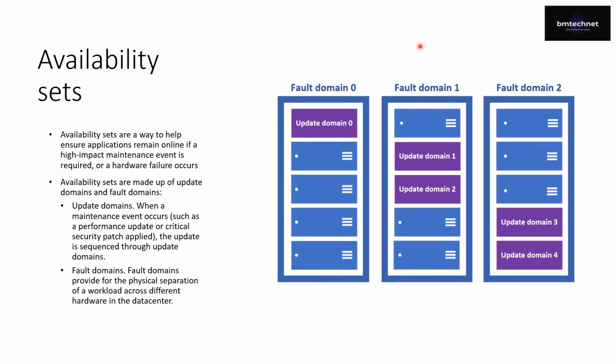Before I describe this whole diagram to you, let me briefly tell you what an availability set is. Basically, it's a logical grouping of VMs that allows Azure to understand how your application is built, to provide redundancy and availability.